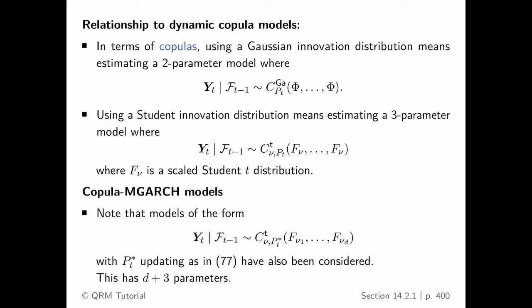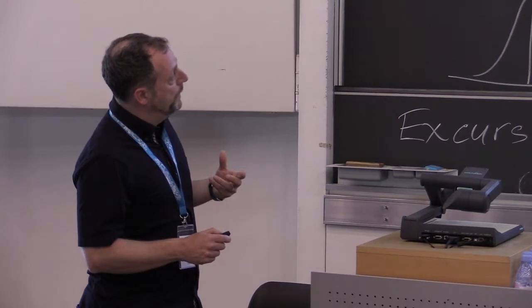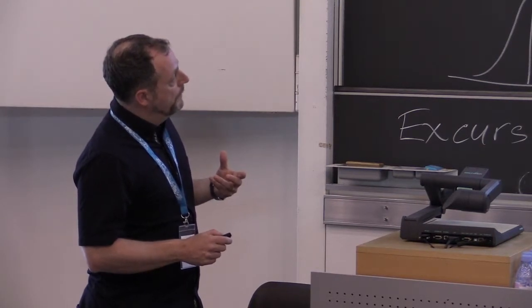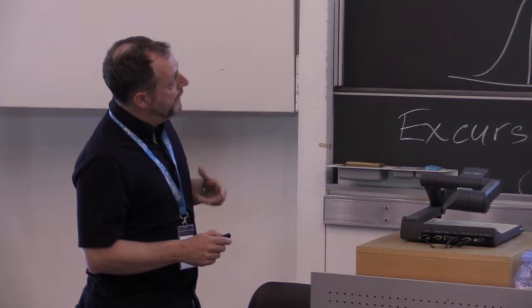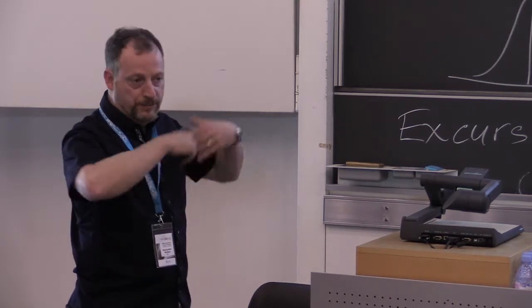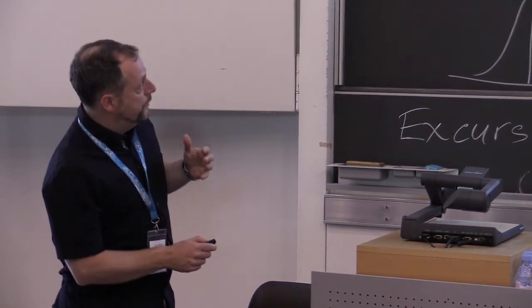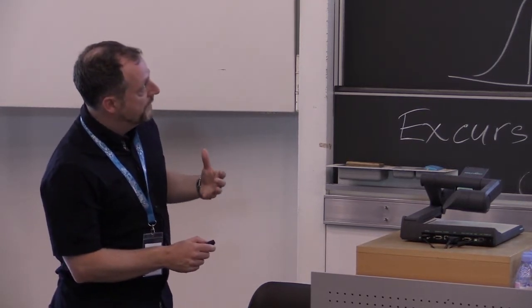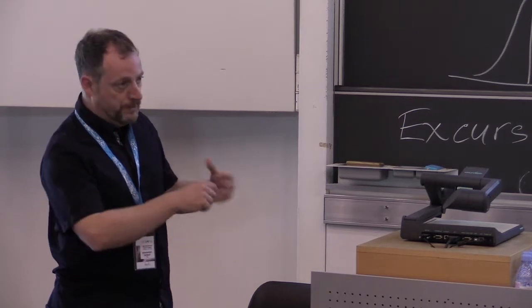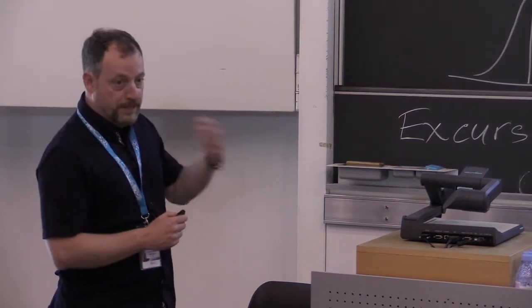If I'd chosen a Gaussian innovation distribution, I would have a model where the devolatilized process, conditional on the past, effectively has a Gauss copula with normal margins and a correlation matrix P_t, which is evolving dynamically according to that equation that you saw. So this notation means a Gauss copula, standard normal margins, and a correlation evolving according to that updating equation.